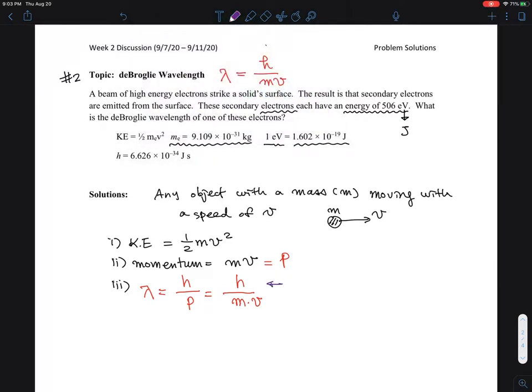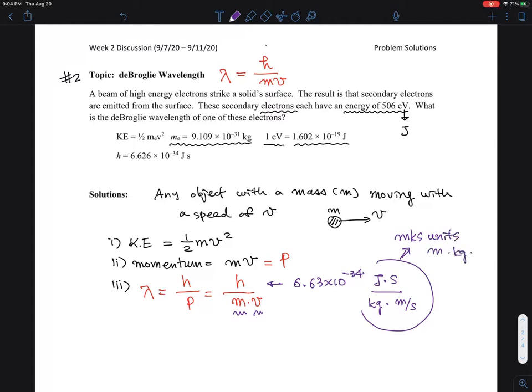The Planck constant is well known as 6.63 times 10 to the minus 34 joule times second. The mass is in kilograms and the velocity is in meters per second. These are in what we call MKS units: meter, kilogram, and second.